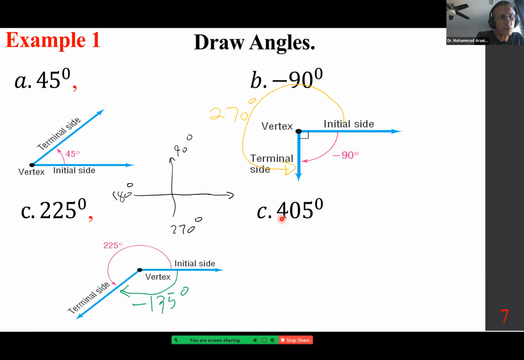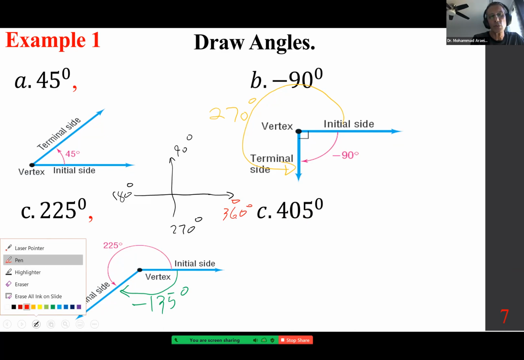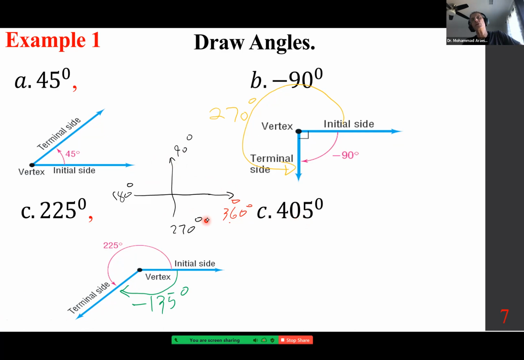All right, this one is 405. And if you recall, this is 0 or 360 degrees. And so because 405 is larger than that, in essence, you want to subtract the 360 from 405, and then it goes to the first, second, third, or fourth quadrant accordingly.